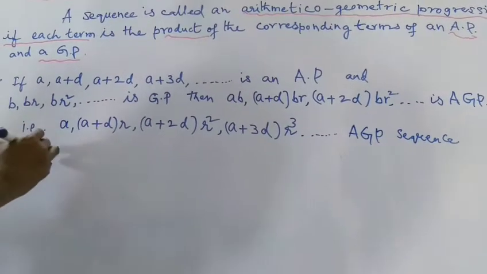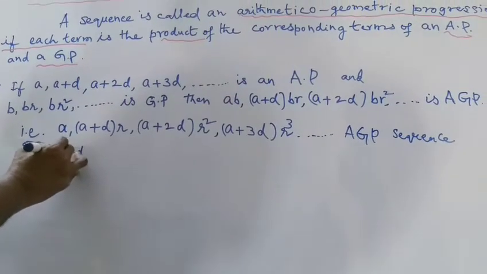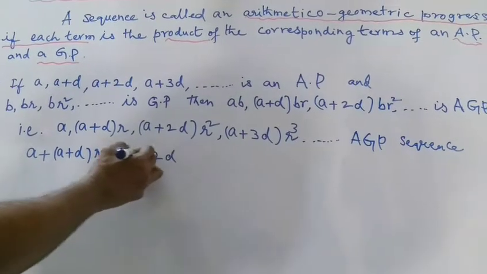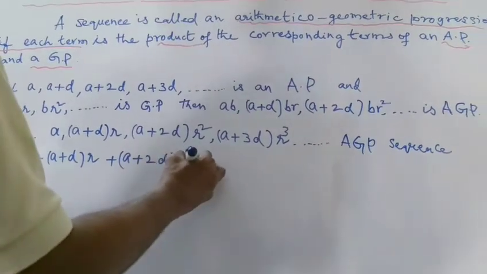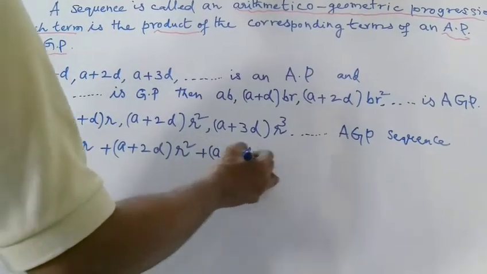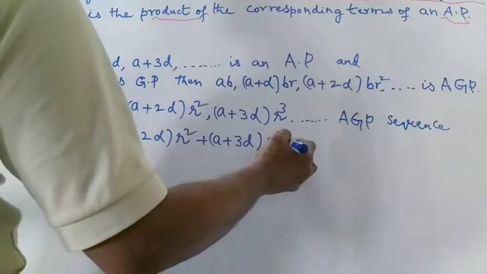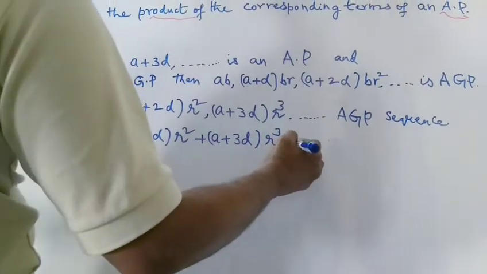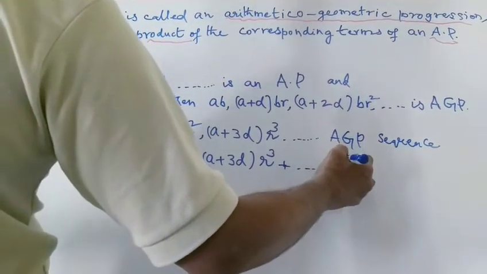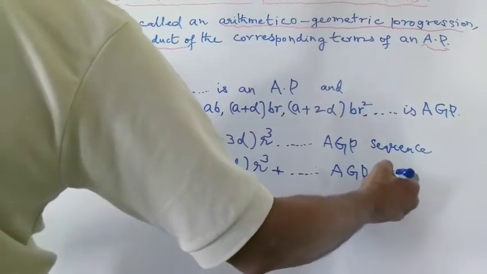And a plus (a plus d) into r plus (a plus 2d) into r square plus (a plus 3d) into r cube plus and so on is an arithmetico-geometric series.